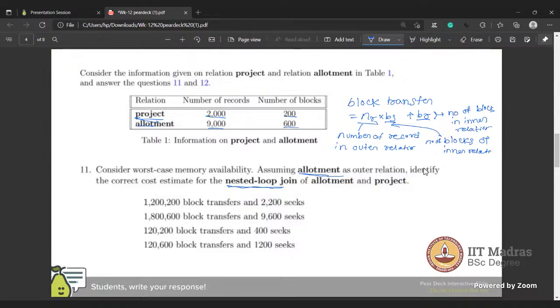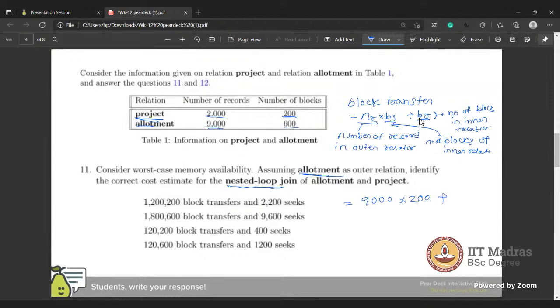Okay, if you put the formula, allotment is the outer relation, so the number of records is 9000. 9000 into the blocks of the inner relation. The inner relation is project, so the number of blocks is 200.